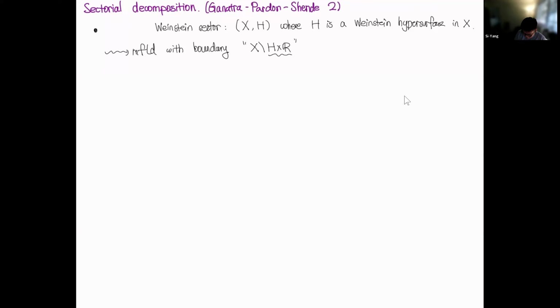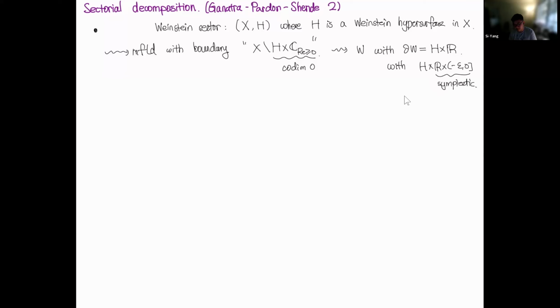Then this gives you X remove H cross some half space, and then you see this is codimension 0, so that you get a manifold, which we maybe call Y, with boundary diffeomorphically identified with H cross R, with a prescribed collar neighborhood given by H cross R, and then you cross another copy of (minus epsilon, 0), and this forms a symplectic subspace.